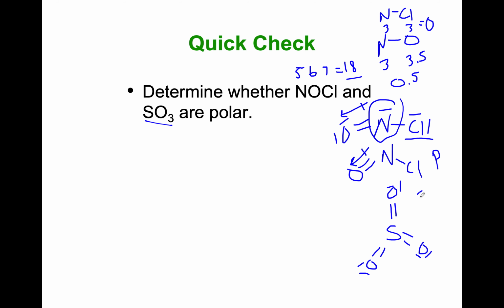If you look up the electronegativity values, we already said oxygen's 3.5 and sulfur is 2.5. So this is definitely a polar bond, but the polar bond is going this direction, and you can see 3 electron regions, trigonal planar. So those 3 are canceling out. So this is a nonpolar molecule.